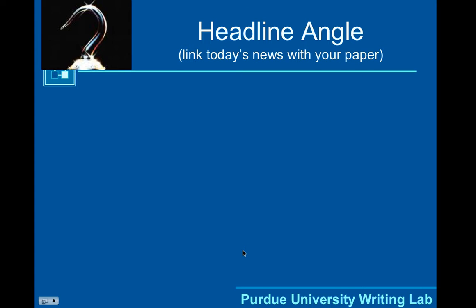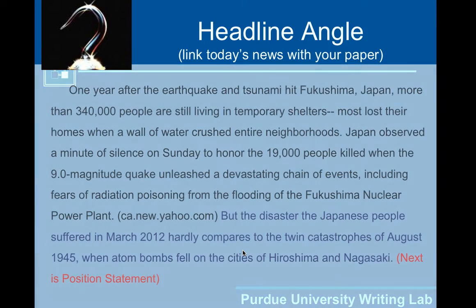Then you can have a headline angle. A headline angle takes something that is happening with the news and puts it with your paper. So it'd be a current issue that you've seen in the news, something that relates and connects to your paper as well. So here's an example.